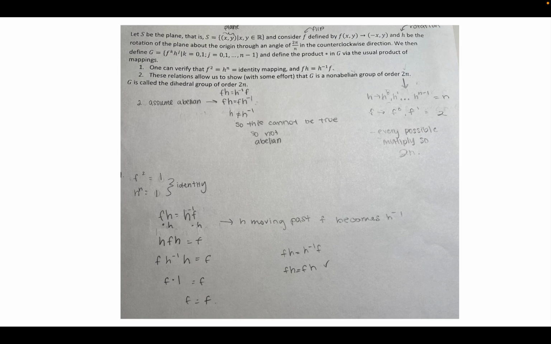The top one would prove that it's not abelian: if we can move h inverse past the f because it's commutative, then h would have to equal h inverse, which is not the case, so it cannot be abelian, which is good for us.